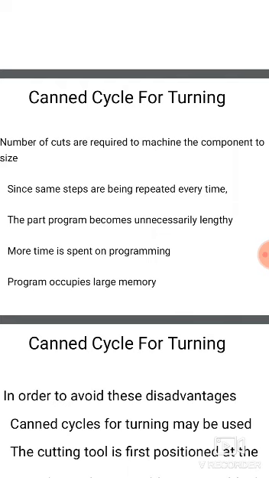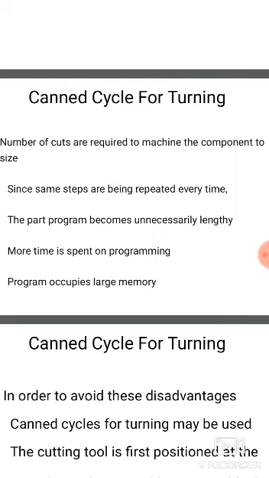In order to save program time and computer memory, canned cycles for turning are available in the control system.